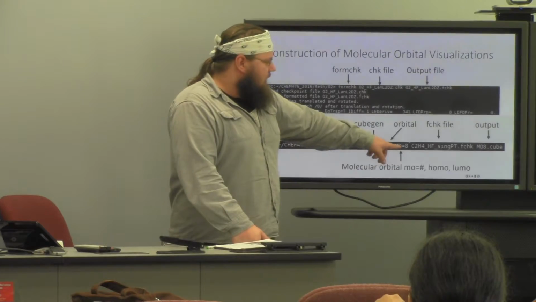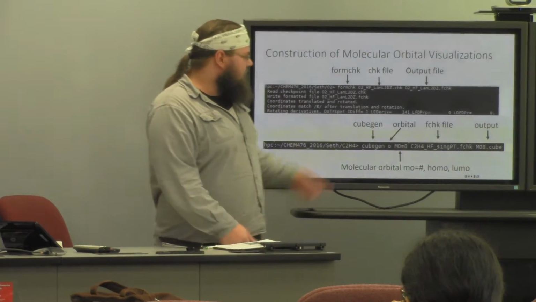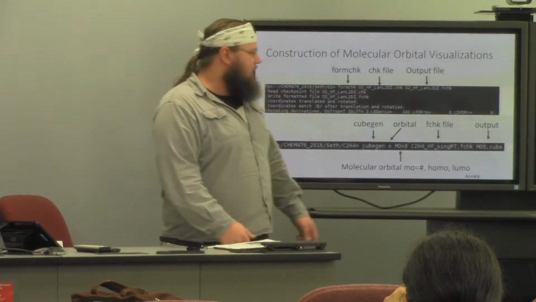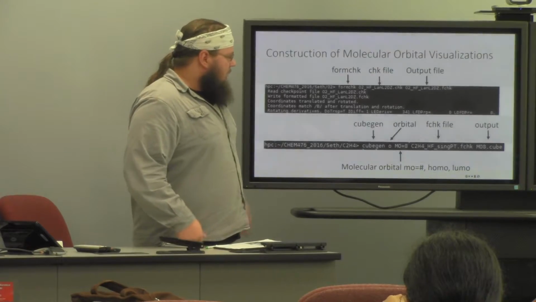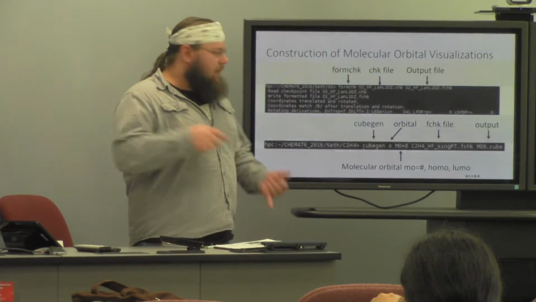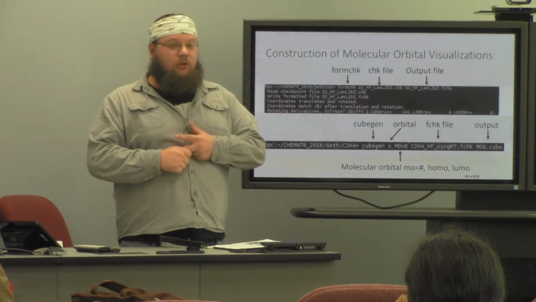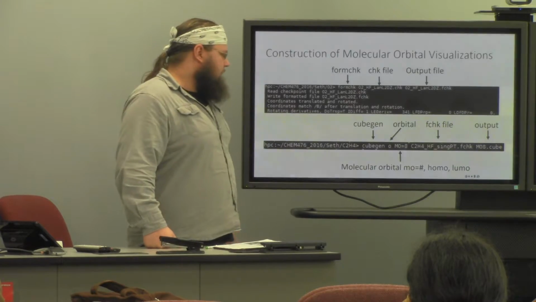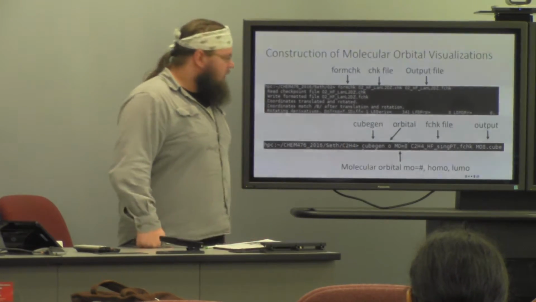Then MO equals, and in this case I wanted 8 because that was the HOMO for this molecule, then the fcheck file, and then your output. So I called it MO8.cube. But instead of just using an 8, you can use any number that there is an orbital for. You can use HOMO or LUMO, so then you don't even need to know which one it is. You just tell it HOMO and it gives you the HOMO.